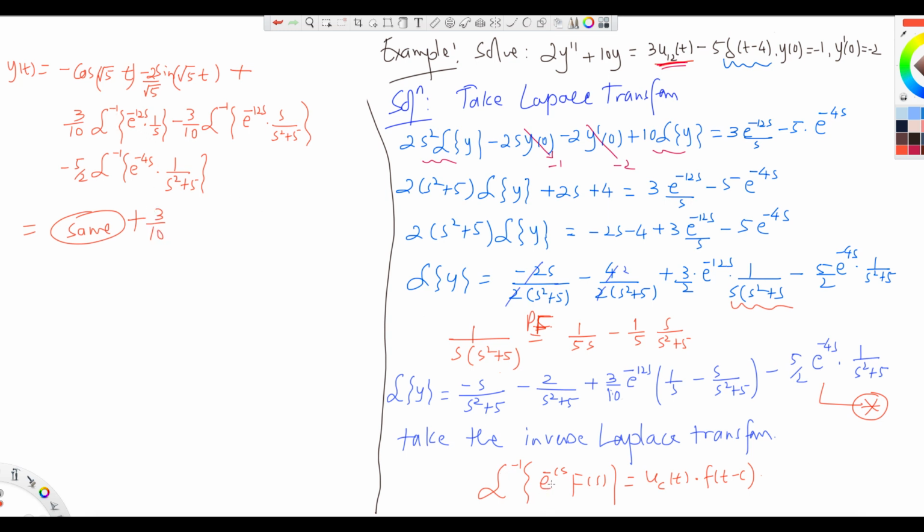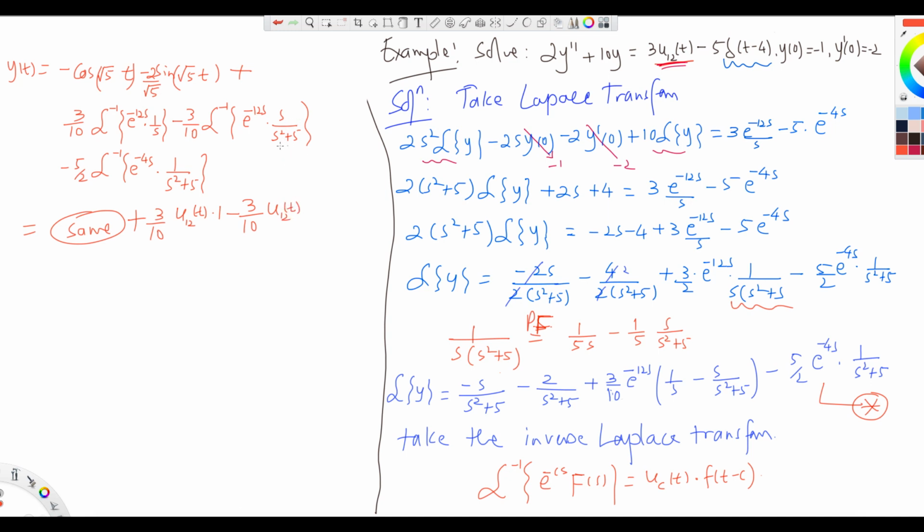You see that the inverse Laplace transform of e to the negative cs F(s) gives u_c(t), that will be u_12(t). The inverse Laplace transform of 1 over s is 1, right? So f(t minus c) will be just 1. Minus 3 over 10, right? And then u_12(t).